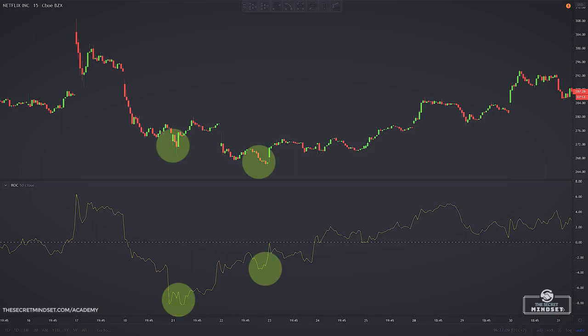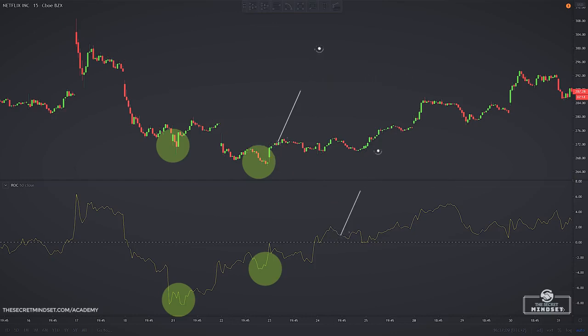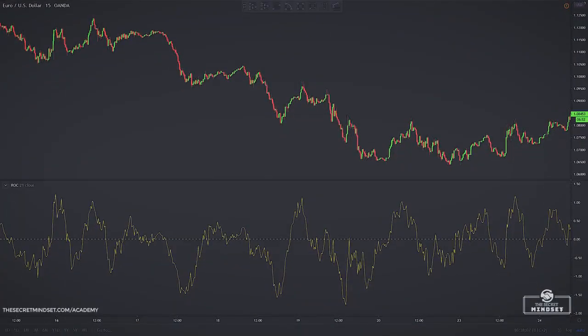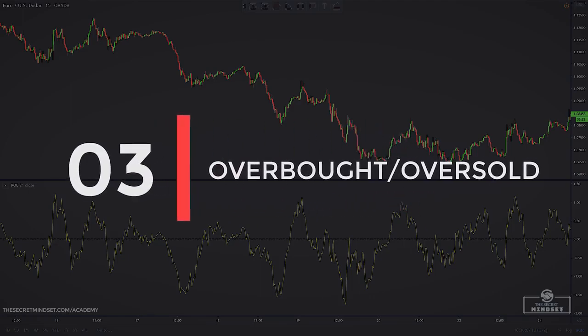This divergence, known as a bullish divergence, can be used in two ways. You can go long on the market after this trendline breakout, or after the rate of change crosses above zero, indicating a bullish momentum.